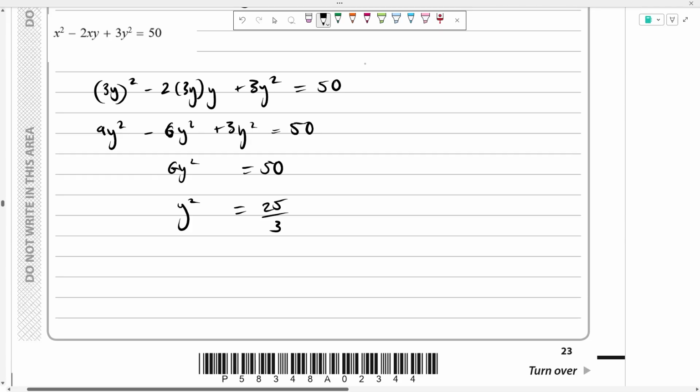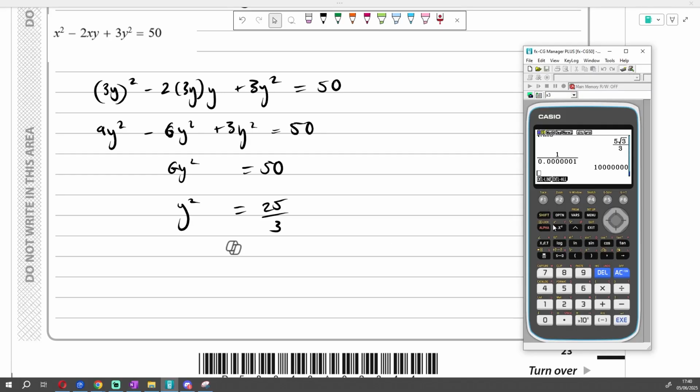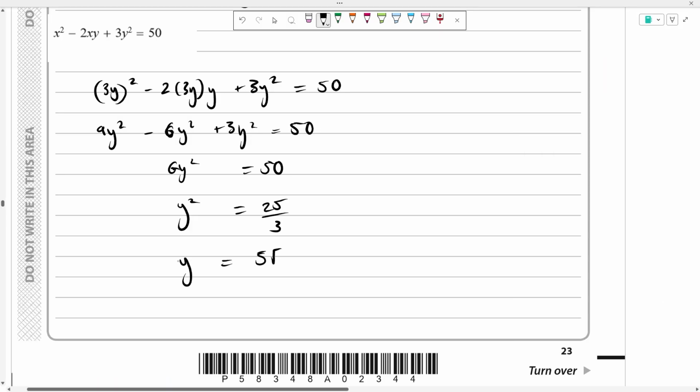If we were to square root this, let me go into my calculator. I did it above, but I didn't like the recording, so I'm redoing it. Square root that, we get 5 root 3 over 3. But also we end up with the negative side as well, so y is equal to minus 5 root 3 over 3.